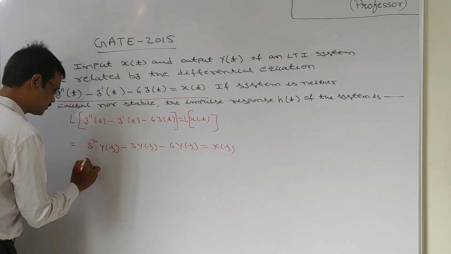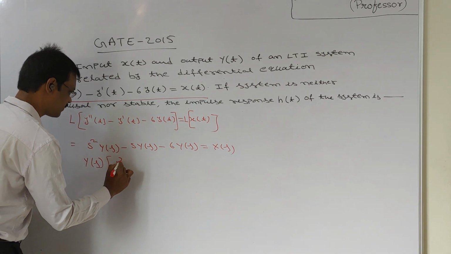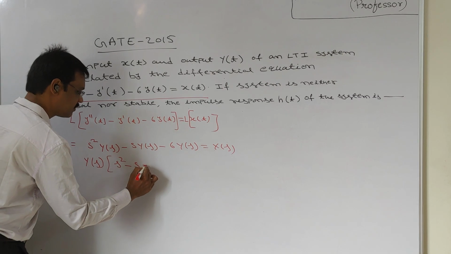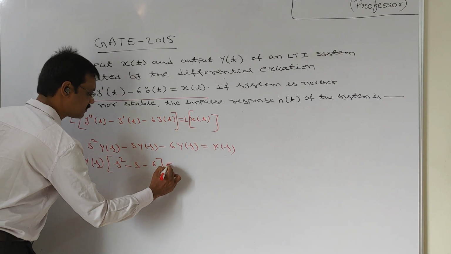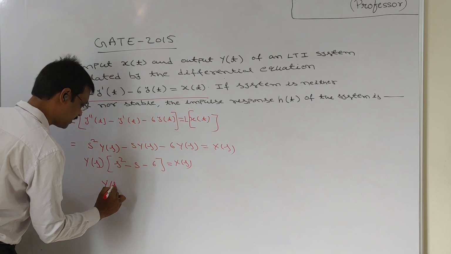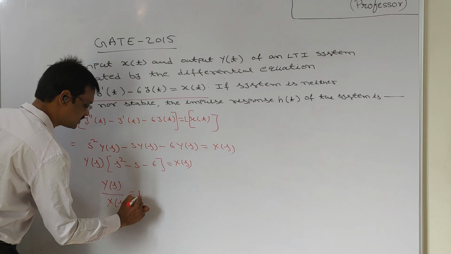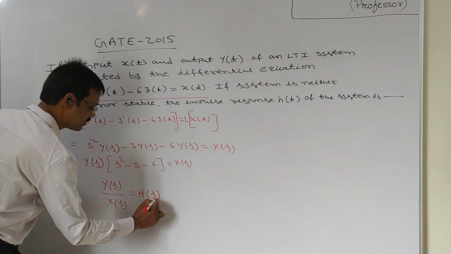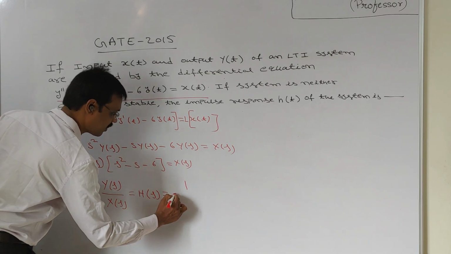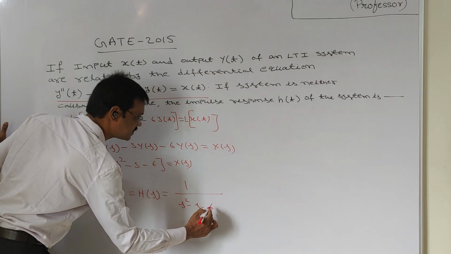You take the common factor y of s: s square minus s minus 6 is equal to x of s. Then y of s by x of s is of course the transfer function of the system. H of s is equal to 1 by s square minus s minus 6.